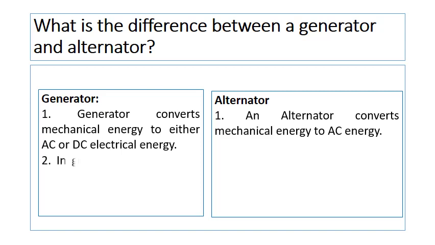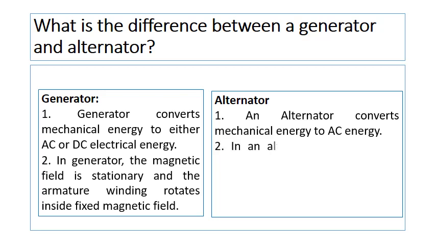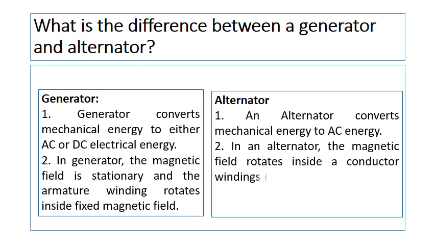In a generator, the magnetic field is stationary and the armature windings rotate inside the fixed magnetic field. In an alternator, the magnetic field rotates inside the conductor windings, so the stationary part of the alternator is the phase conductor.